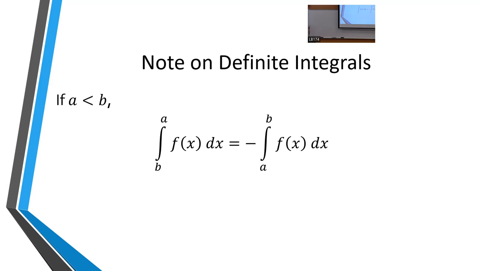So flipping the above bound and the below bound gives you the negative of the signed area that you're looking for. Does that make sense? So be careful about that if you're calculating signed area, and if you flip those bounds, it's going to negate everything.